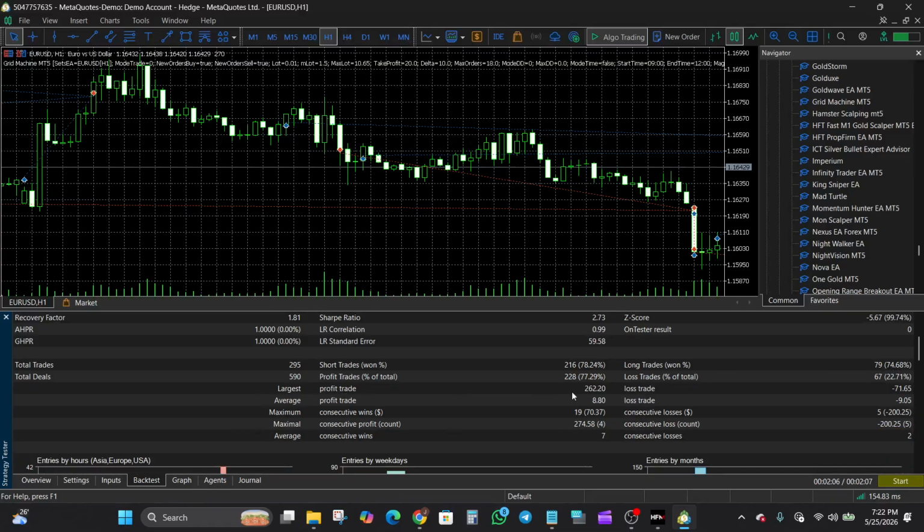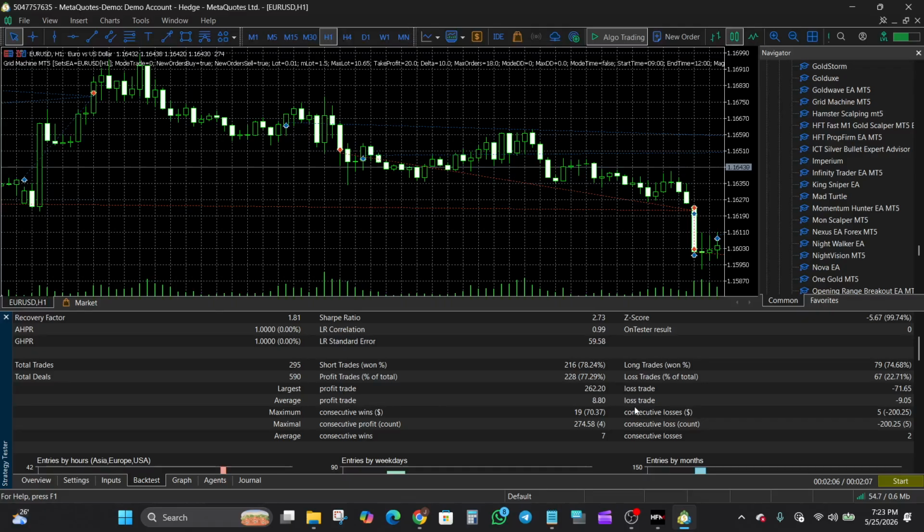Now, the largest profit was 262.2, and the largest loss was 71.65. The average profit 8.8, the average loss 9.05. So this tells me that the risk to reward ratio is very close to 1:1, even though the average profit is less than the average loss.